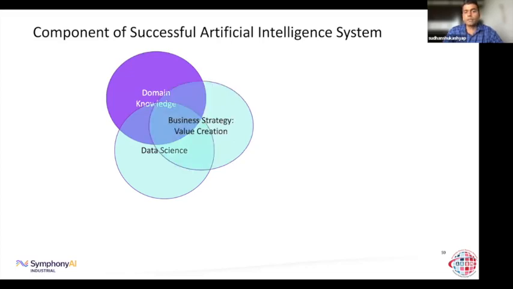And then the third one, business strategy, is very important at the very start of the project itself. So we also need to think about value creation. It should not be only technology driven; it should be business driven to be successful. And once we have domain knowledge, data science, and business strategy together, we define a problem and a solution.